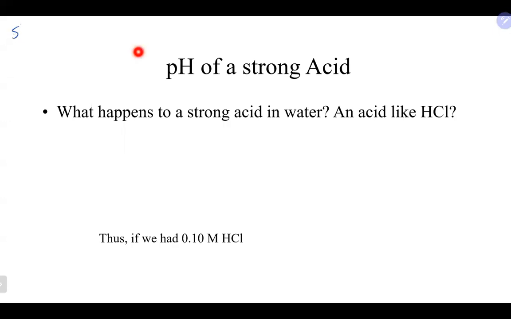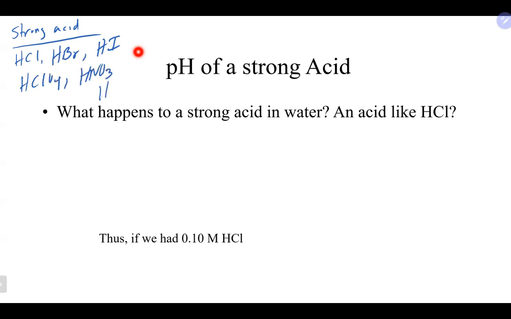We talked about some strong acids, and just a quick review of that list: hydrochloric acid, hydrobromic acid, hydroiodic acid, perchloric acid, nitric acid, sulfuric acid. Those are all pretty much strong acids.